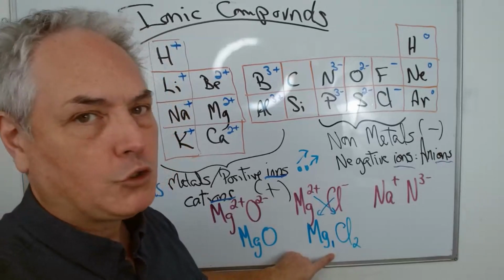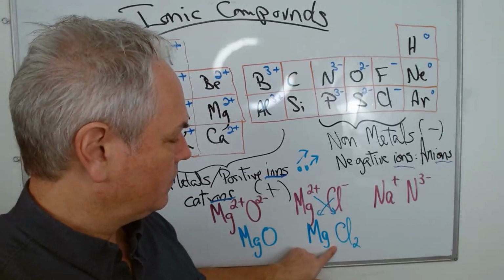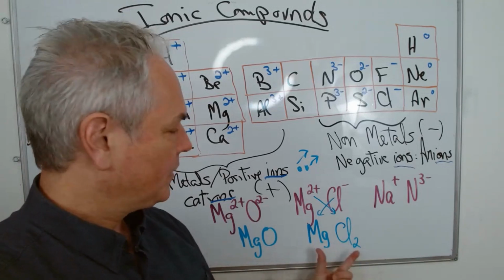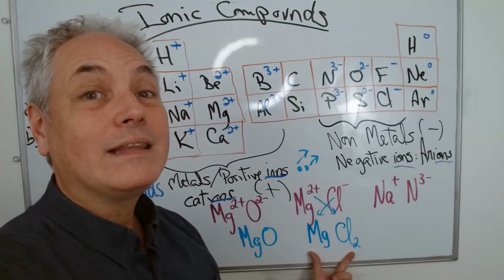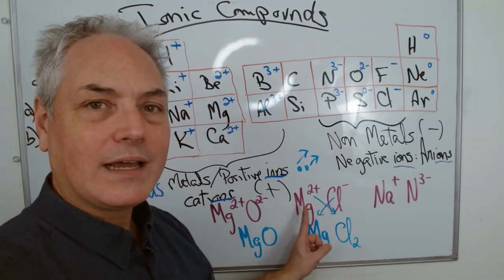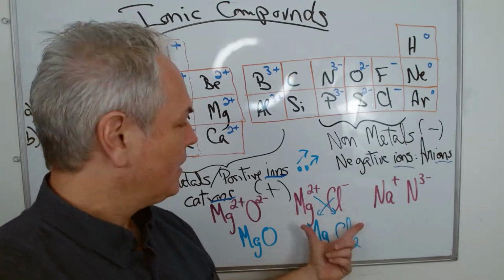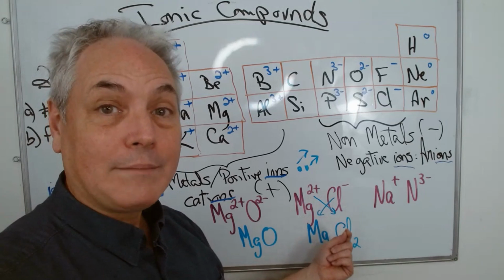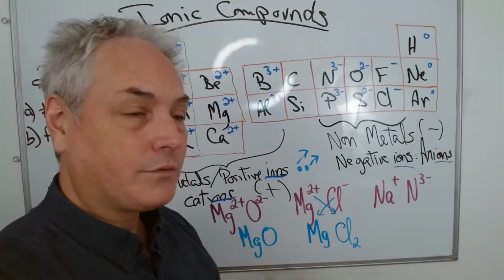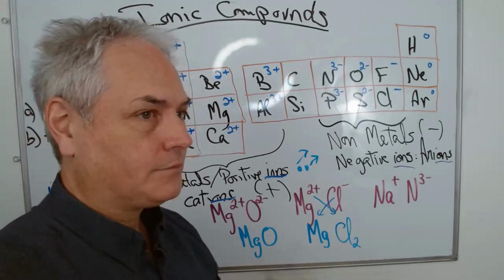If you have a 1, you don't need to write it down. There we go. And therefore you have here magnesium chloride, MgCl2. Magnesium chloride is an ionic compound. Why is it? It is from a positive ion and a negative ion, and together with the chemical bonding create an ionic compound. Wonderful. A metal and a non-metal.